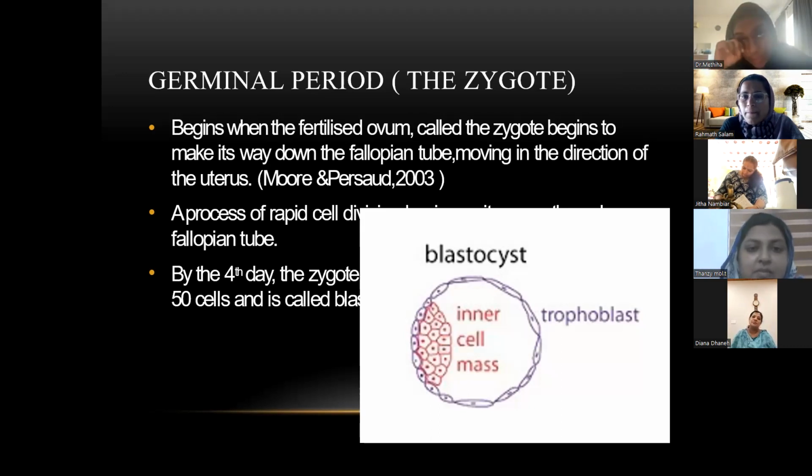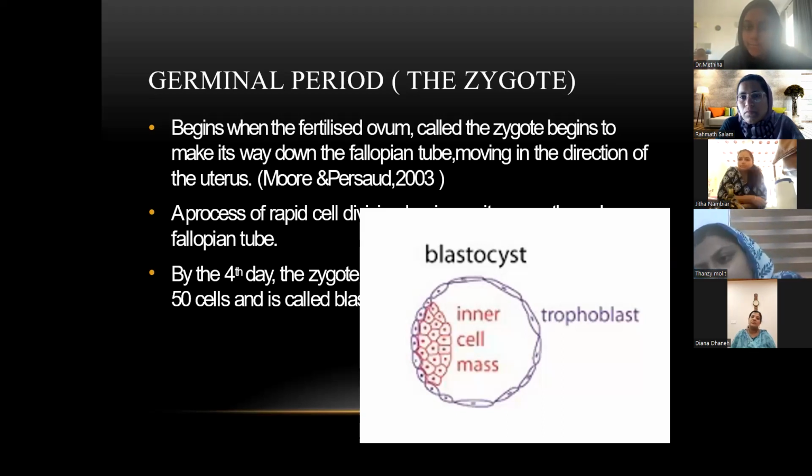So the ovum is there in the fallopian tubes. When the sperm enters, they get connected, and the ovum and sperm form the zygote after fertilization. It makes its way down the fallopian tube and moves towards the uterus, the center part.